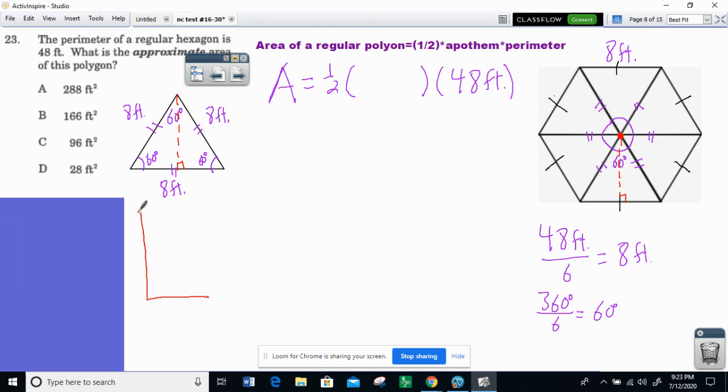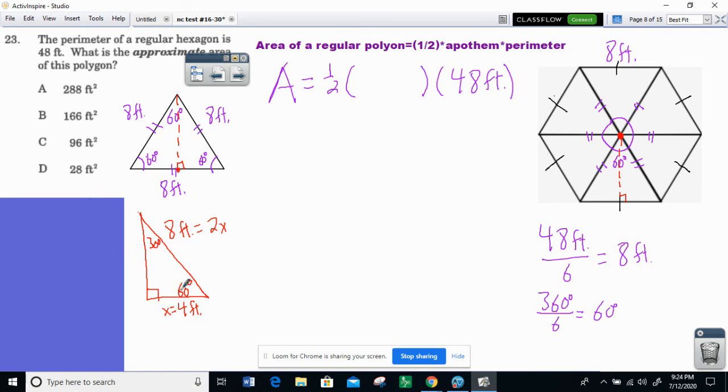We can split this up into a 90 degree, 60 degree, 30 degree triangle where the hypotenuse is 8 feet. That's labeled 2x. This point here is the midpoint, so this 4-foot side across from the 30 degree angle is going to be labeled x.